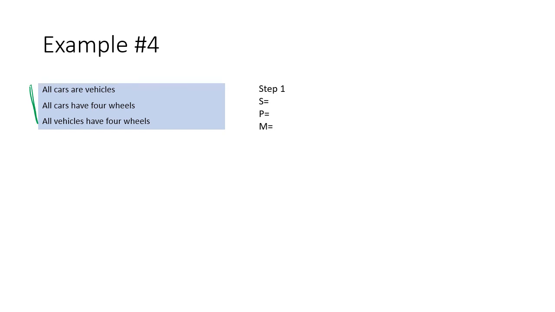So first step is just to identify everything. In this case, our subject of the conclusion is vehicles. Our predicate of the conclusion is things that have 4 wheels.